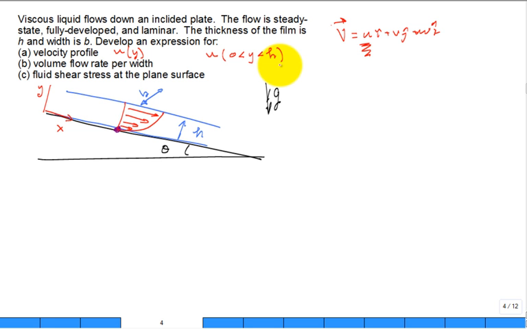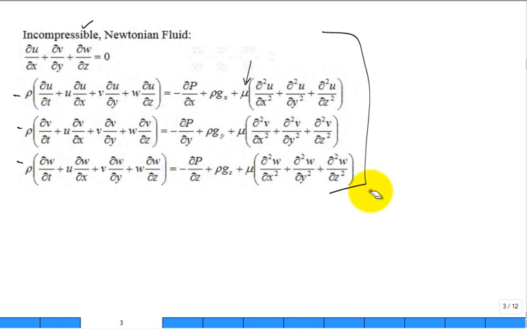I'm going to say, oh, it's steady state, it's an incompressible liquid, and it's a Newtonian fluid. And so you say, here are my equations for conservation of mass, and then Newton's second law for how the momentum can change due to an imbalance of forces.